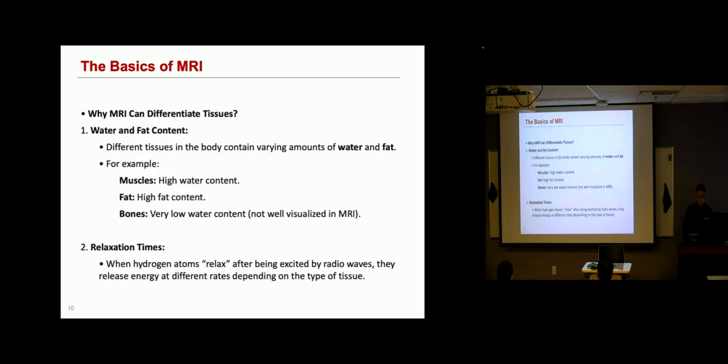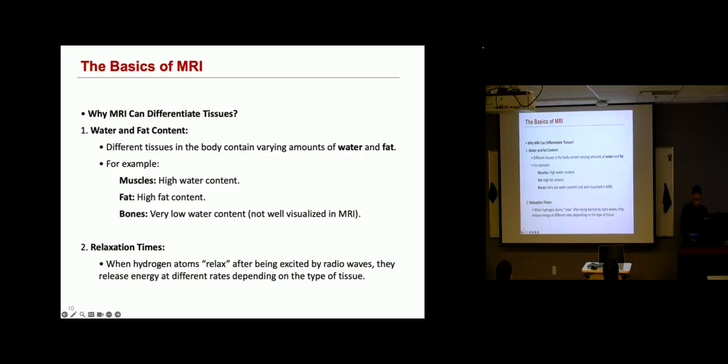But why can MRI differentiate different tissues? We are able to see different tissues appear with different brightness, different shades of gray. The reason is that different tissues in your body contain varying amounts of water and fat. For example, muscle has high water content, while fat has high fat content.